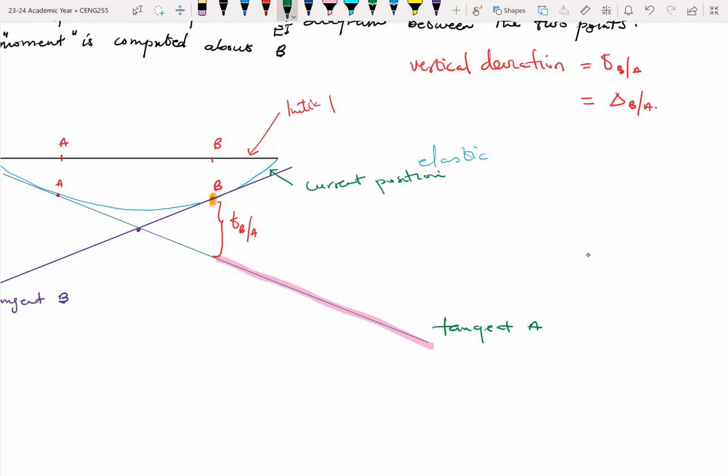The deflection of B is here. So this is your delta B, and this is your delta A. Deflection is simply the vertical difference between the initial position and the current position.